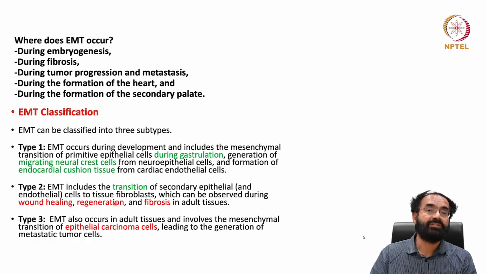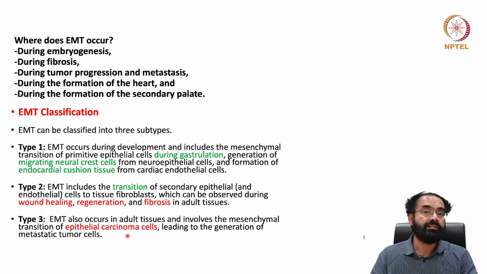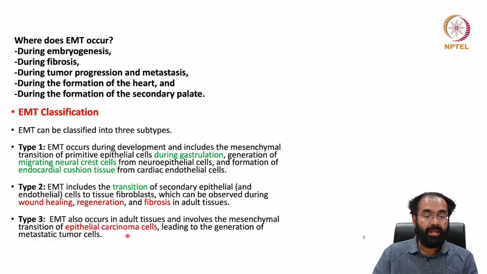Now what is type 3 EMT? EMT also occurs in adult tissues and involves the mesenchymal transition of epithelial carcinoma cells during cancer progression, leading to the generation of metastatic tumor cells. That means someone may have a tumor originating in the liver, but the secondary may be in the brain or in the lungs, and then it becomes a very invasive cancer, and that is when type 3 EMT comes into the picture.